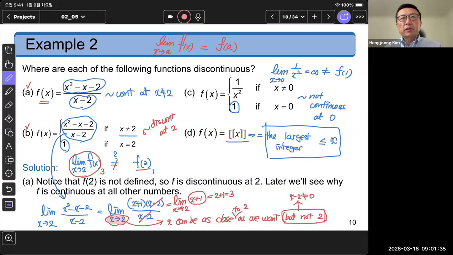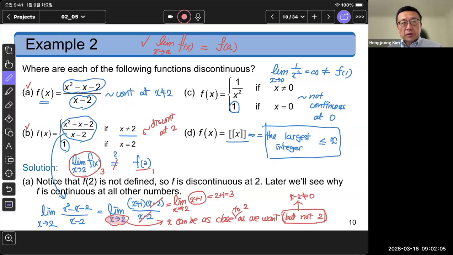So the function is not defined at 2. So in the definition of continuity, the value on the right hand side does not exist. But in case of B, we can define the function at 2. The problem occurs because the right hand side value and the left hand side value are different.